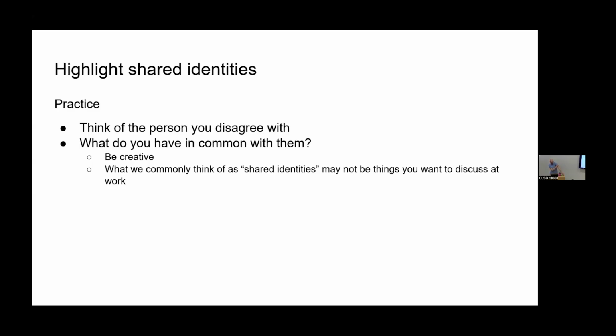What we commonly think of as shared identities may not be things you want to discuss at work. Like I said, a lot of the research on this is based on political identity, and that may not be something you want to discuss with a coworker. Also religion, maybe not something you want to talk about at work. So be creative. All right, so before I have you think, are there any questions about what I'm asking?